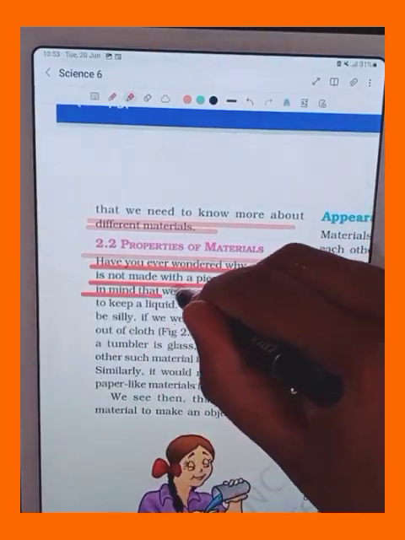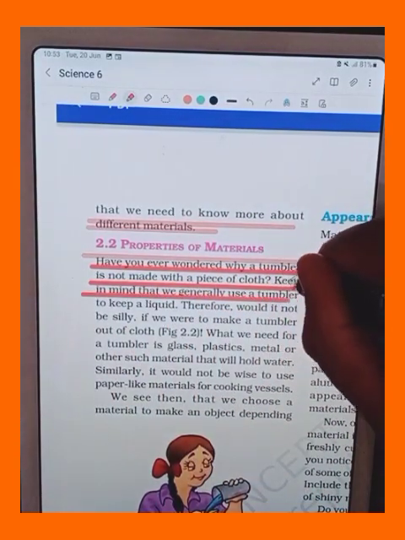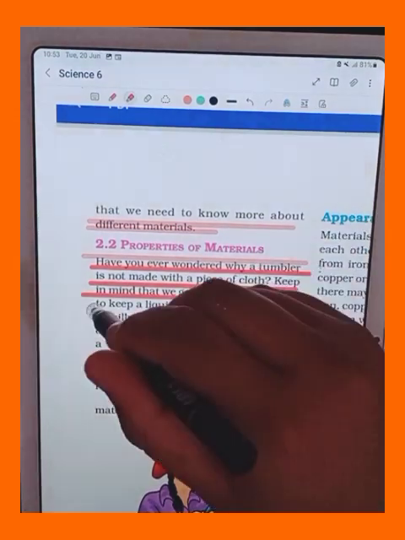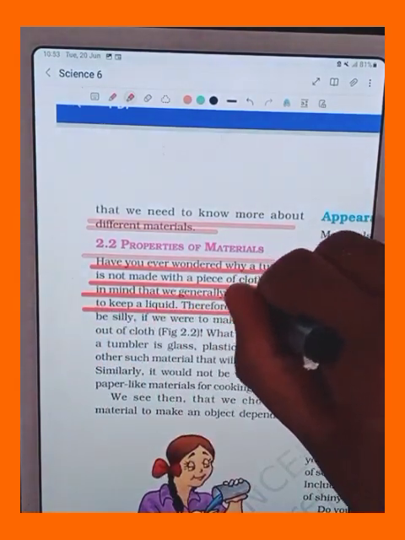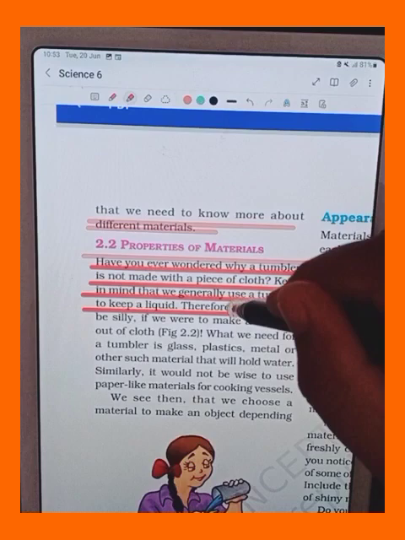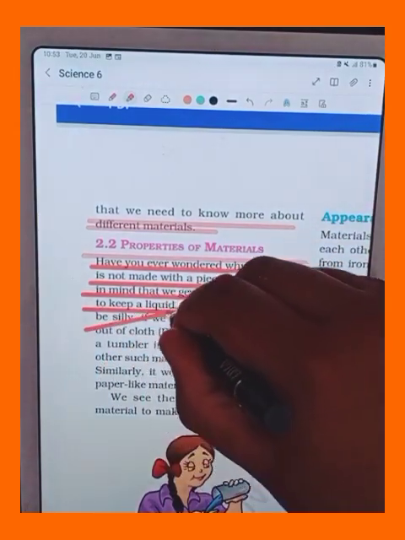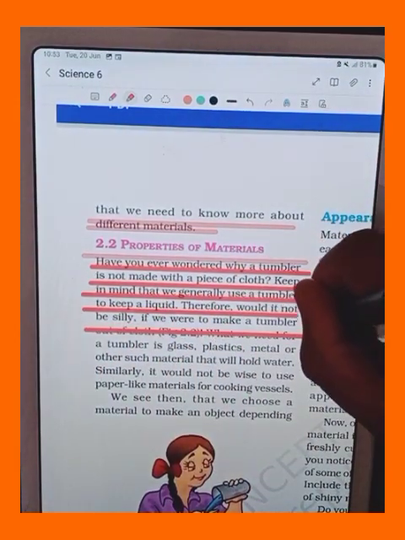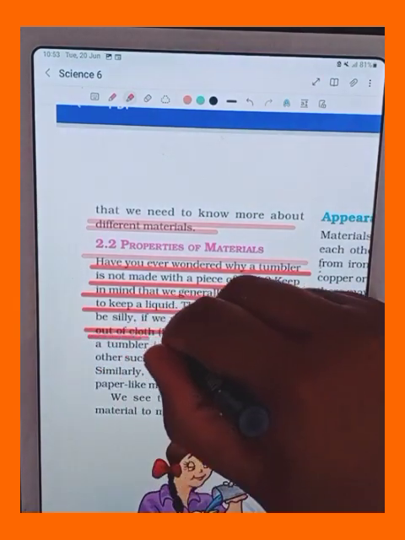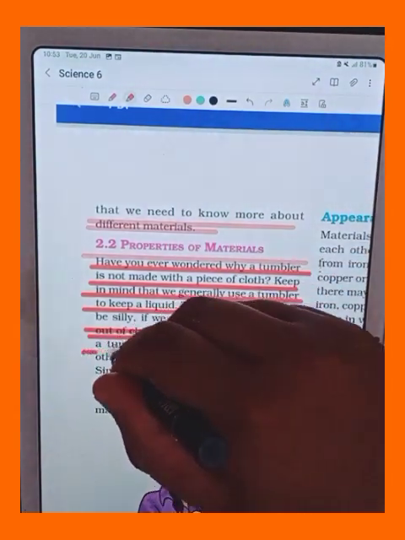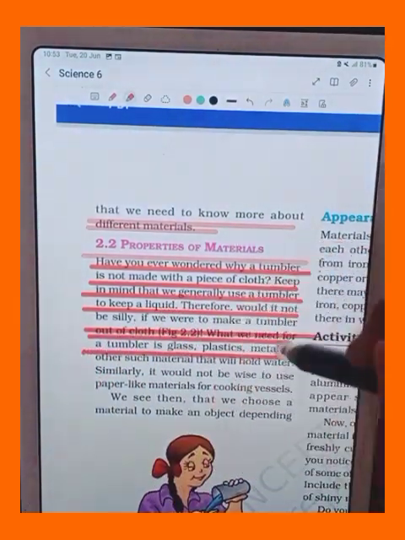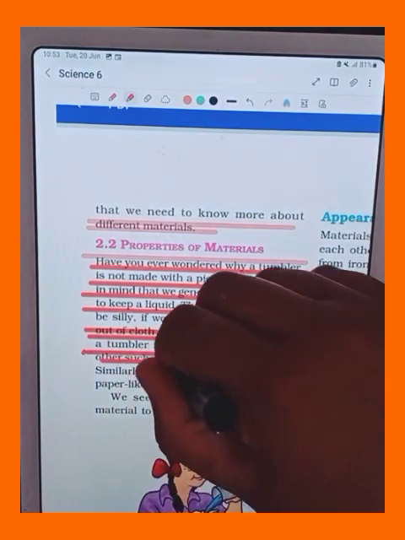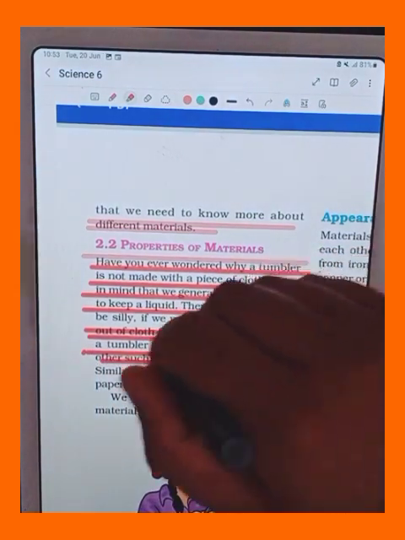Keep in mind that we generally use a tumbler to keep a liquid. Would it not be silly to make a tumbler out of cloth? What we need for a tumbler is glass, plastic, metal, or other such materials that will hold water.